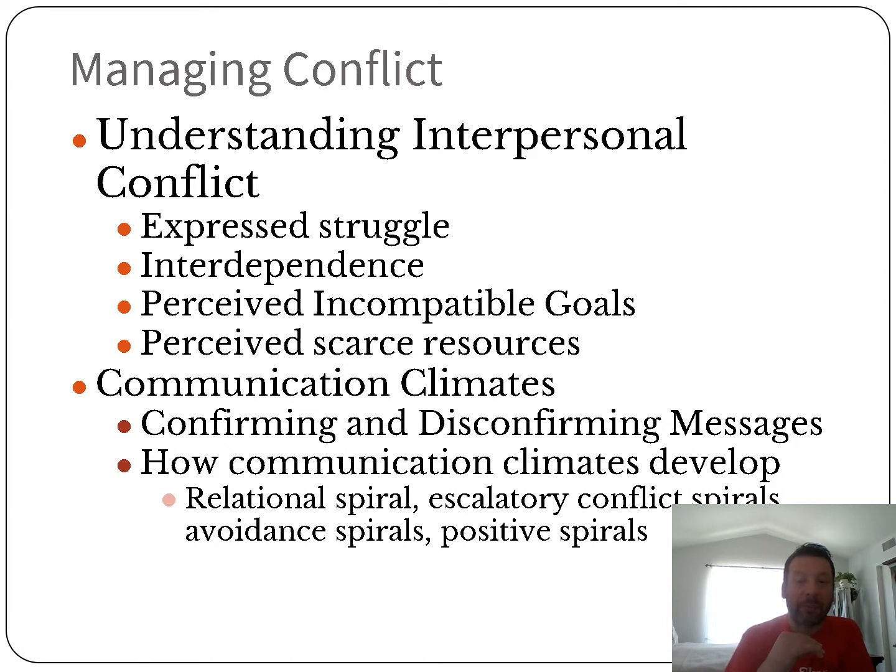And then you have perceived incompatible goals. When you're talking about perceived incompatible goals, it's about two people being in a relationship. And let's just say that one wants to eat burgers and one wants to eat pizza. Those are two separate roads right there, right? You could think of a more powerful example, like one wants to have kids, the other one doesn't.